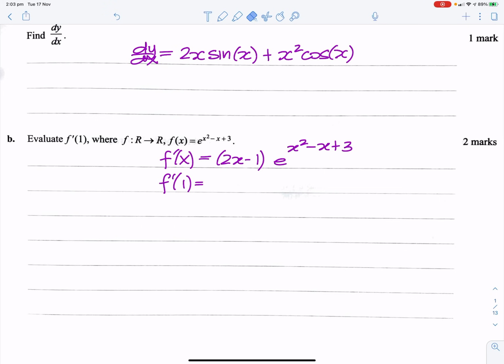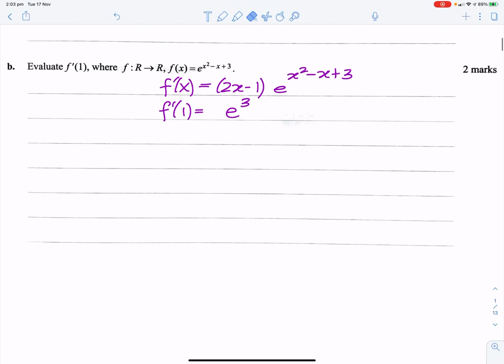I thought it's not going to be 0, that'd be stupid. 2 minus 1, which is 1, e to the power of 1 minus 1 plus 3. So it's just e to the 3. It's a nice start.